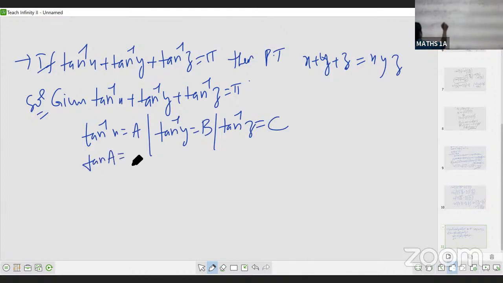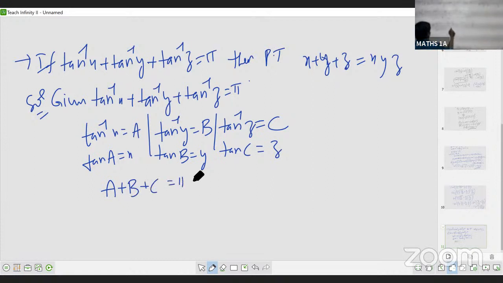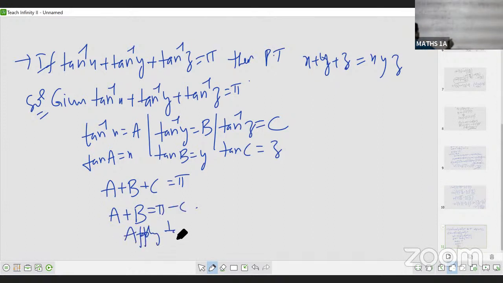So tan a is equal to x, tan b is equal to y, tan c equal to z. Now a plus b plus c equal to pi, then a plus b equal to pi minus c. Apply tan on both sides.